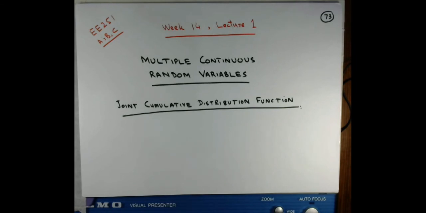Now imagine there are two continuous random variables. We'll have the joint CDF and the joint PDF of those random variables taken simultaneously, which means the intersection of the two random variables.